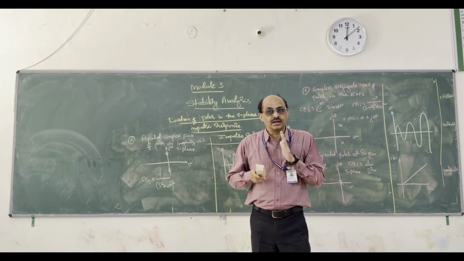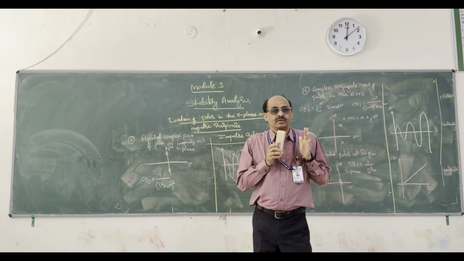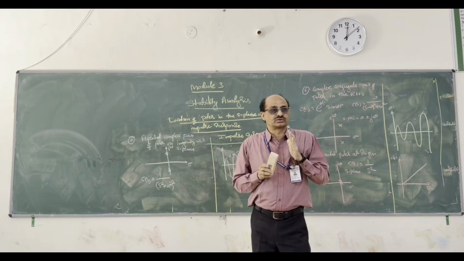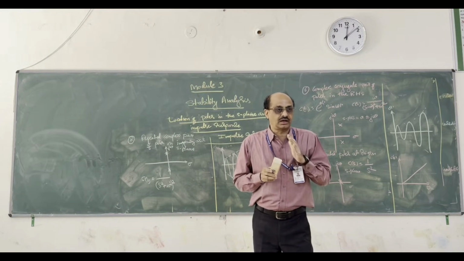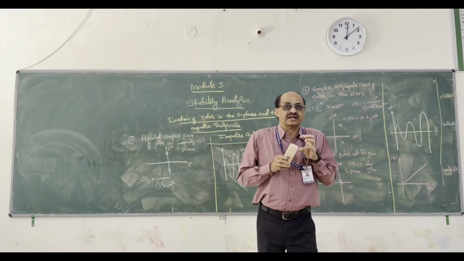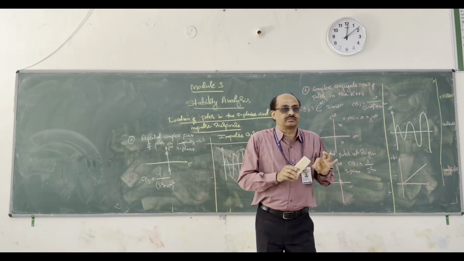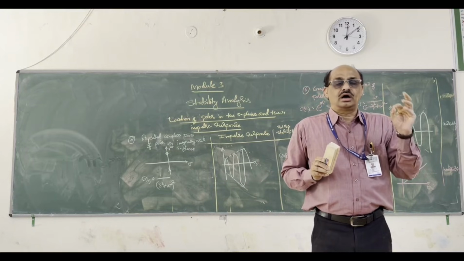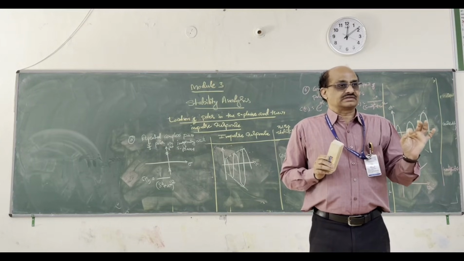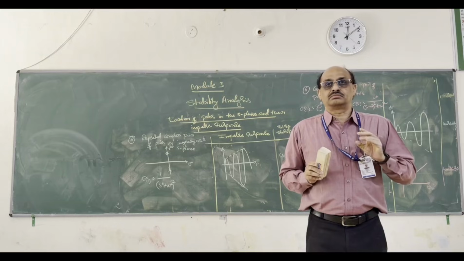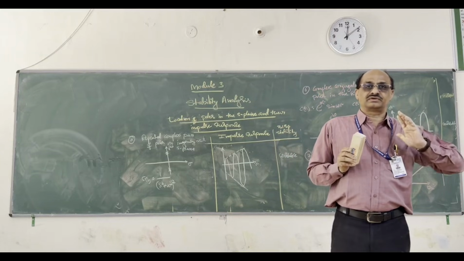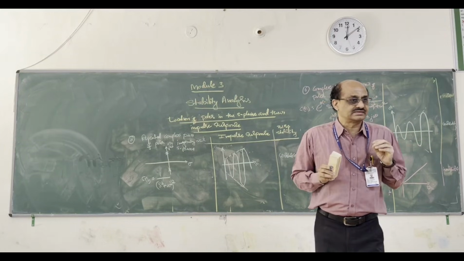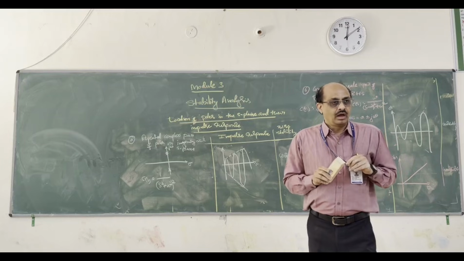If all the poles of the closed loop transfer function lie in the left half of the S-plane, then clearly the system is stable.